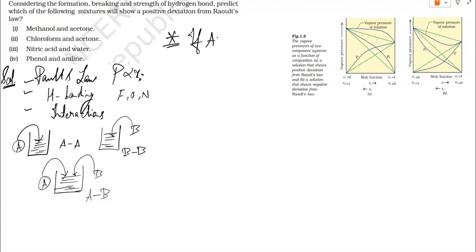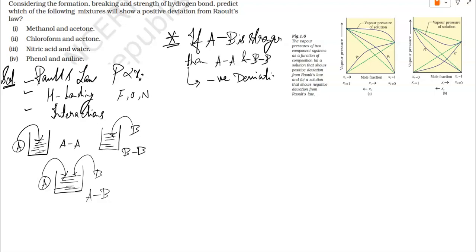If the interaction of AB is stronger than AA and BB kind of interaction, then you can expect that there will be the negative deviation.